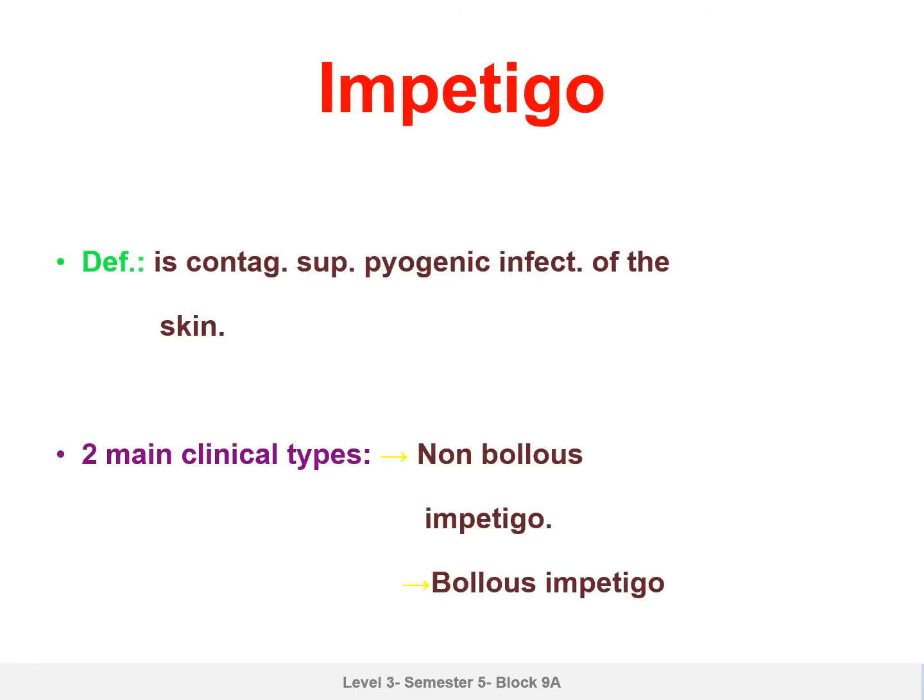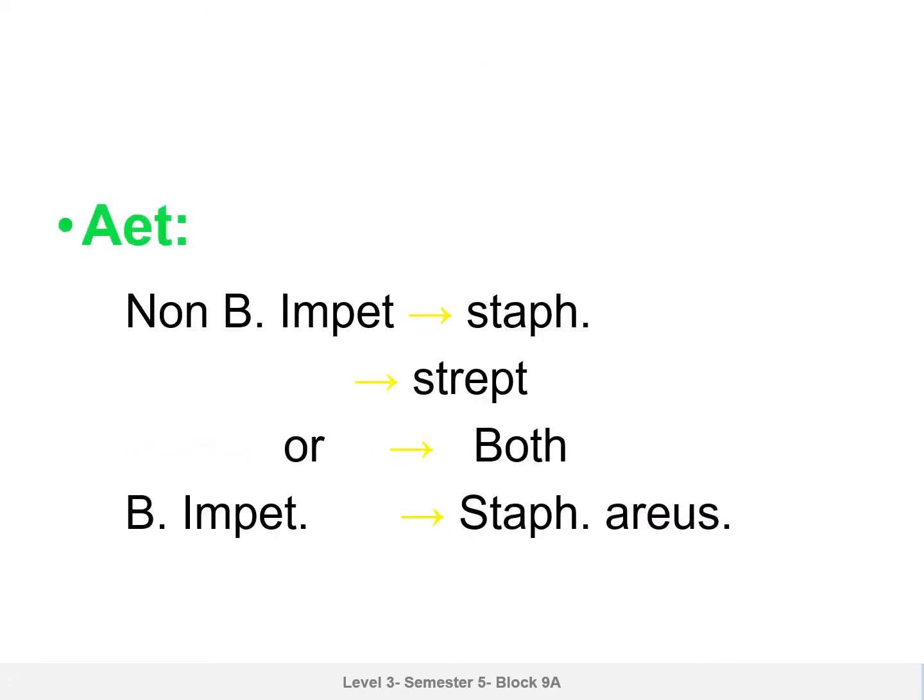We will discuss a disease called impetigo, which is a contagious suppurative pyogenic infection of the skin and has two main clinical types, bullous impetigo and non-bullous impetigo. What is the etiology of impetigo?